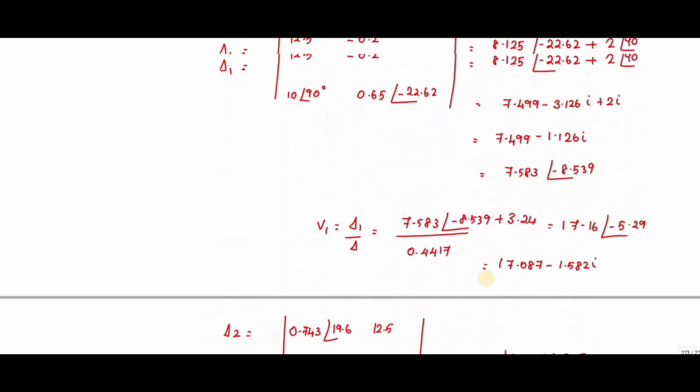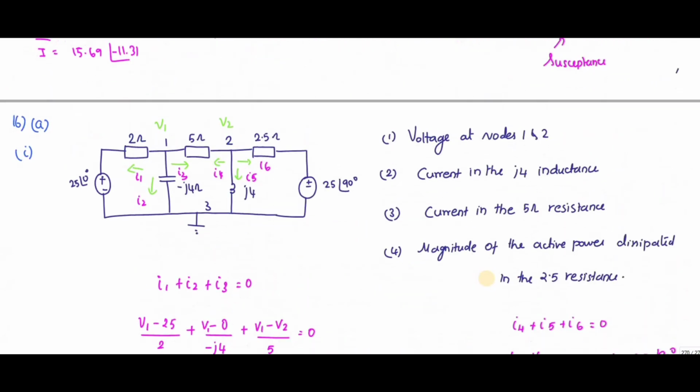So next one is the magnitude of active power dissipated in the 2.5 ohm resistor. So here I need to find the current.